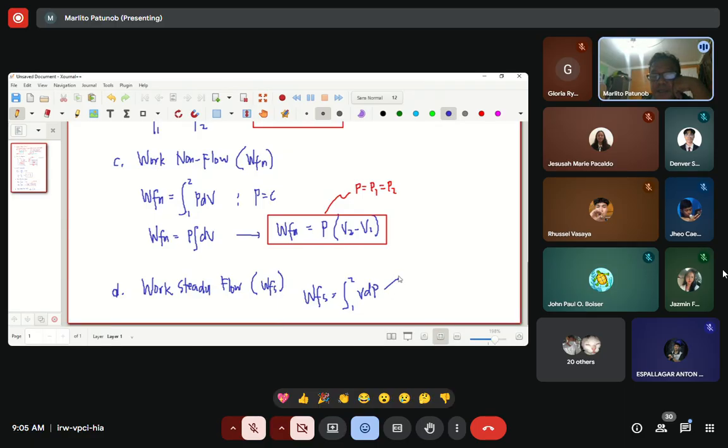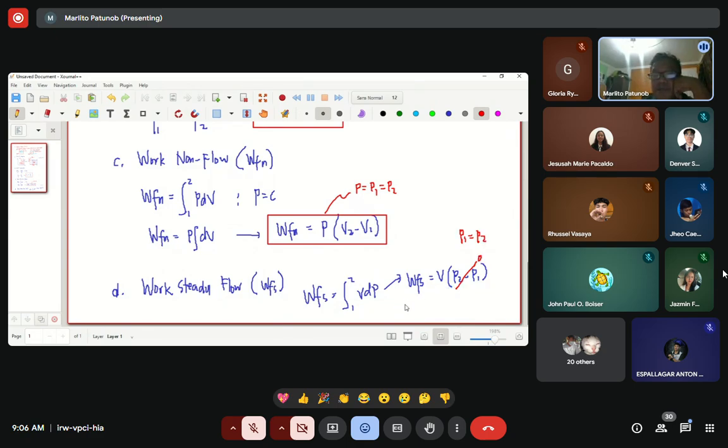And this will be V times (P2 minus P1). Since P1 is equal to P2, this will be 0.